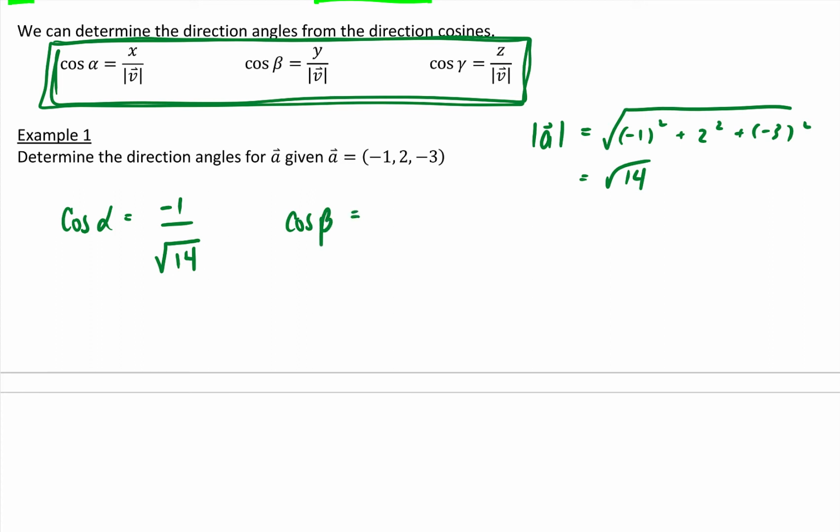Cosine beta takes our y value, which is 2, divided by the square root of 14. And cosine of gamma is equal to negative 3 divided by the square root of 14.